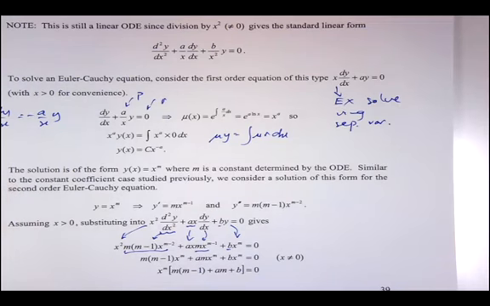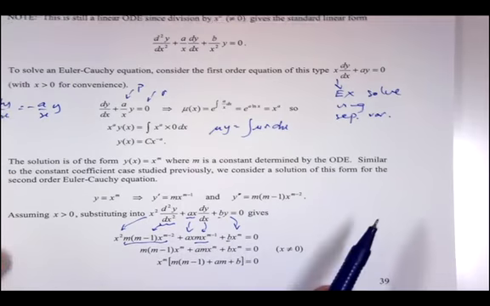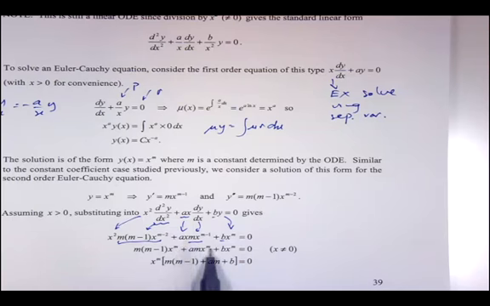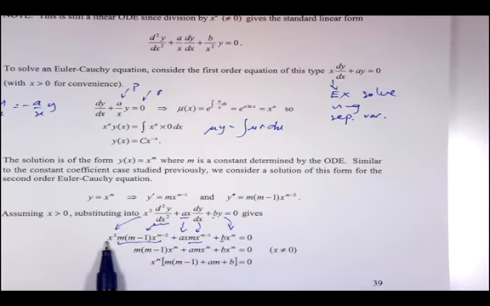Now, we actually get to see why Euler-Cauchy equations can be solved. Because taking a first derivative subtracts 1 from the power, but multiplying by the single factor of x brings the power back to x to the m. And taking a second derivative subtracts 2 from the power, but multiplying by the x squared brings it back to a power of x to the m.